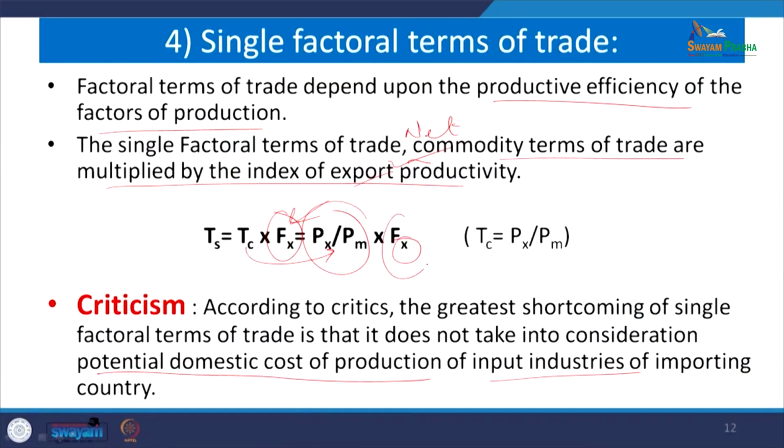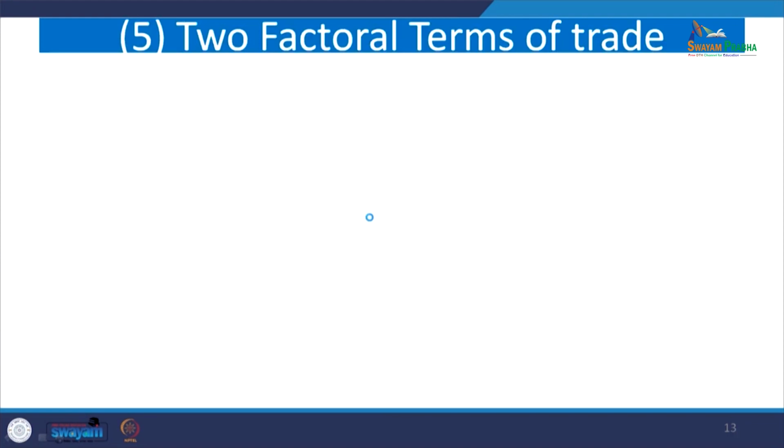So the import segment is missing, and that is one of the criticisms. There are many instruments by which you can measure the productivity of a single factor. Those instruments are not discussed in this lecture; those are part of other specialized papers. Here we are only concerned with what is important in single factoral terms of trade.